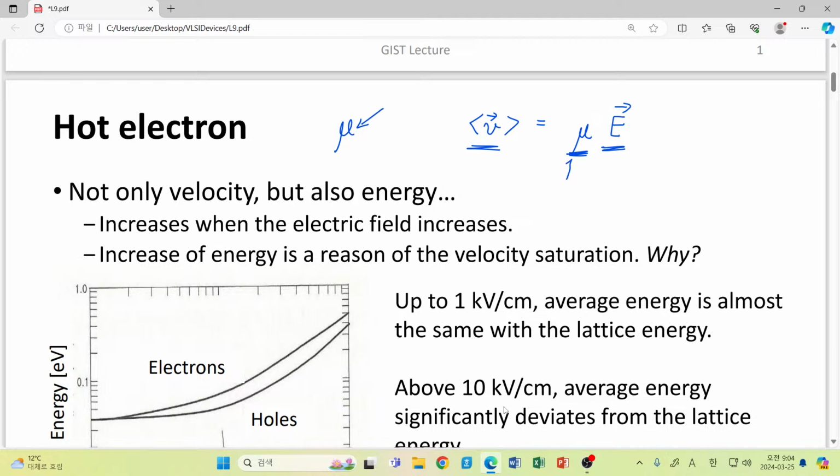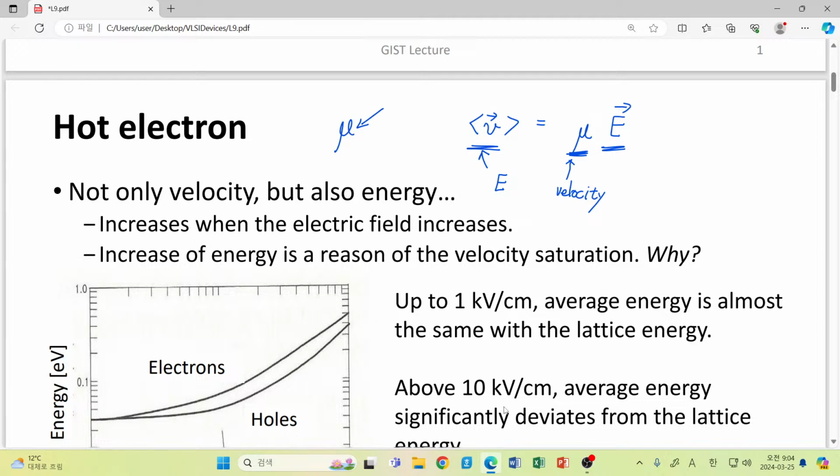So it is related to the velocity of our electrons or holes. However, the velocity is not the only quantity we have to care about. We also have to care about the energy of our electron.